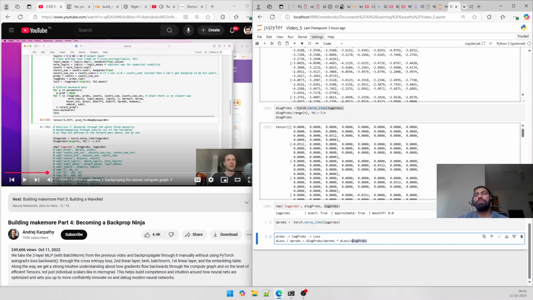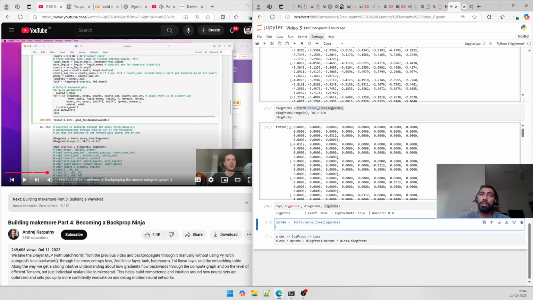With respect to d log probs, how the loss is changing, and based on d probs, how log probs is changing. If we change this, how this is changing, and then if we change this, how this is changing. So that will be d log probs by d probs, okay?